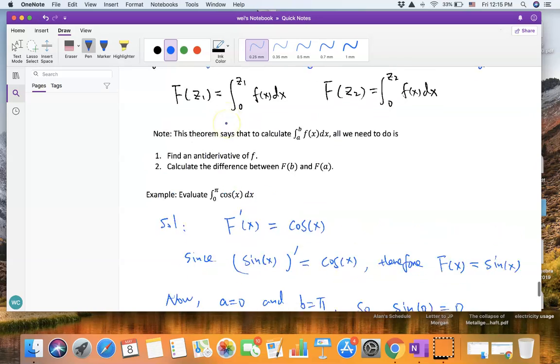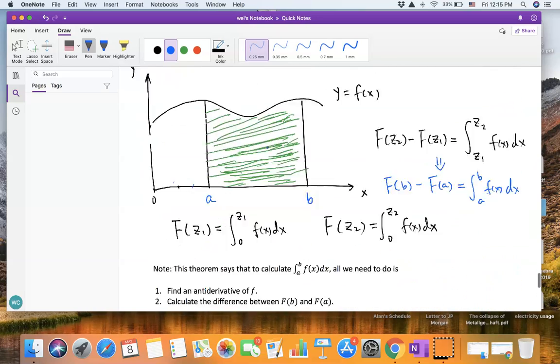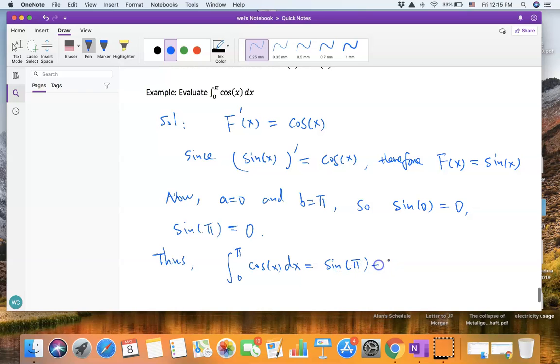So according to the result of the first fundamental theorem of calculus, this definite integral equals sine of pi minus sine of 0, which equals 0 minus 0, which is 0.